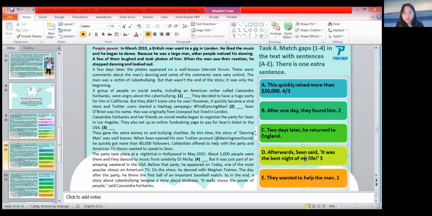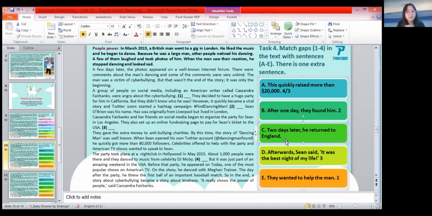Afterwards, Sim said it was the best night of my life, but it was just part of an amazing weekend in the USA. It would be more suitable than "two days later he returned to England." He wouldn't return to England yet. Can you see that? Yes. He is in the USA.